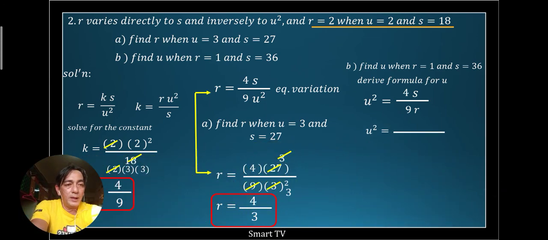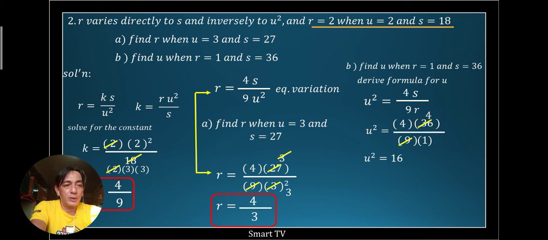So, 4, 9. Kopyahin muna. Yung S natin ay 36. Tapos, yung R natin ay 1. 36 can be divided by 9 and that will be 4. So, meron tayong 4 times 4 sa numerator. And then, denominator natin, 1 na lang. So, U squared now is equal to 16.